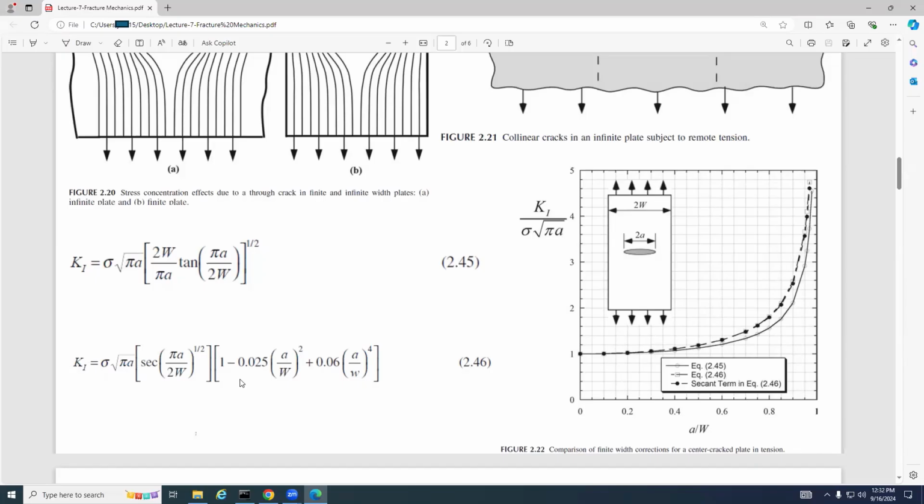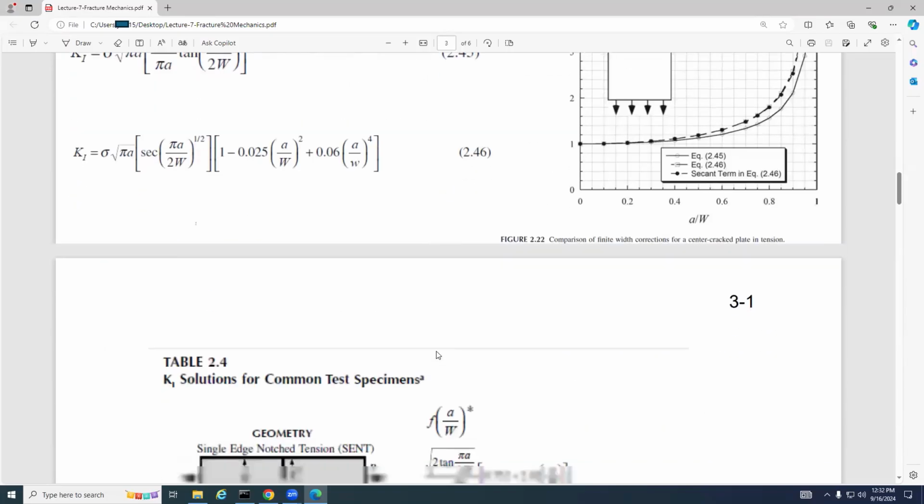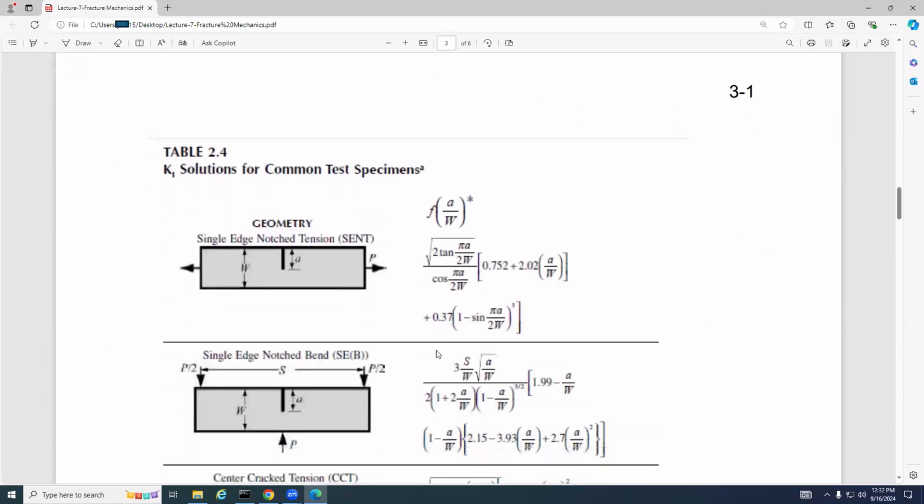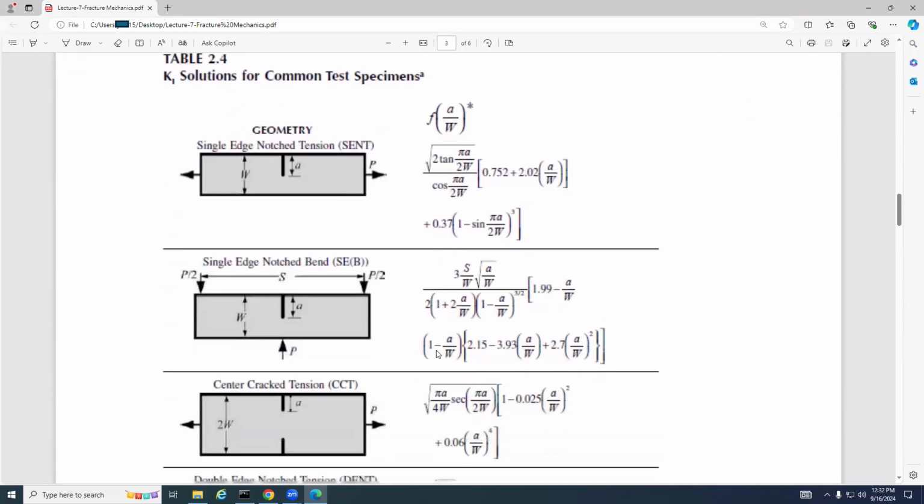Here is a table, and you can see this table is very beautiful. The KI solutions for common test specimens: the single edge notched tensile specimen, with the parallax and applied load, and we use this equation to calculate KI.